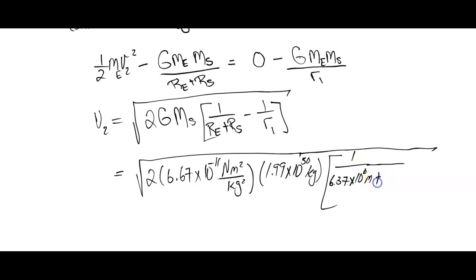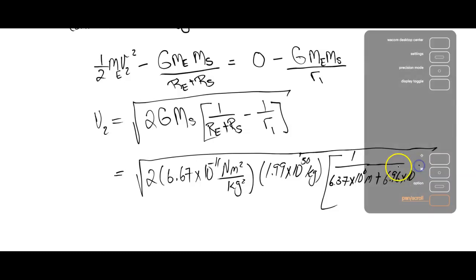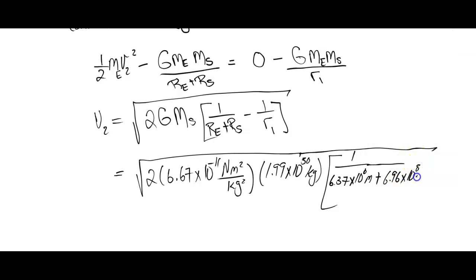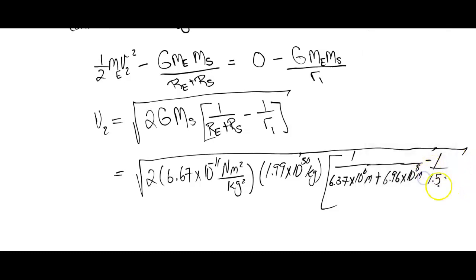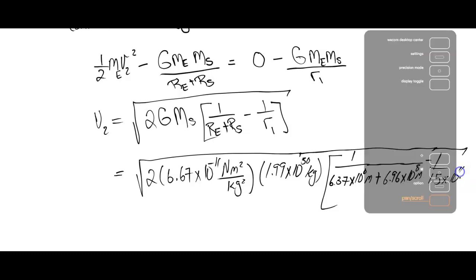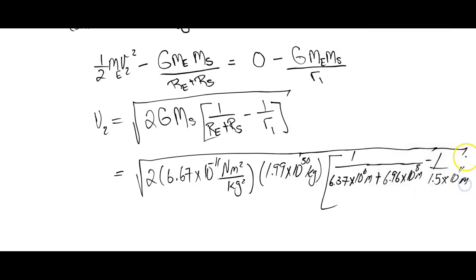And the radius of the sun is 6.96 times 10 to the 8th meter, minus 1 over the distance from the center of Earth to the center of the sun in the orbit, which is 1.5 times 10 to the 11th meter.